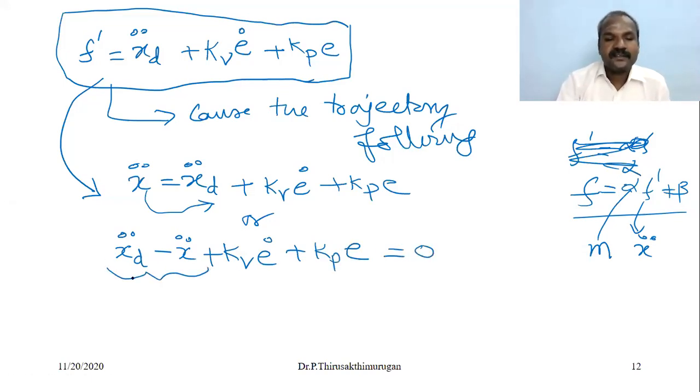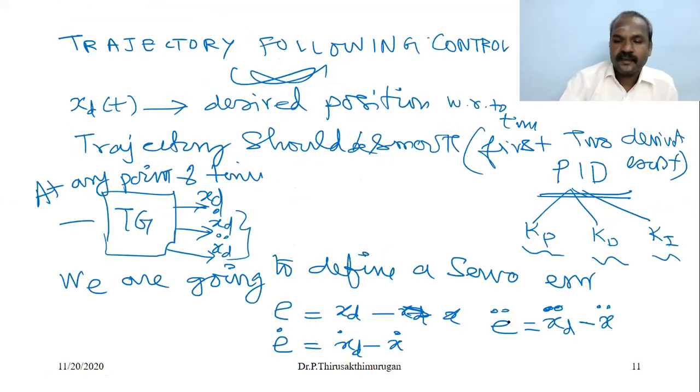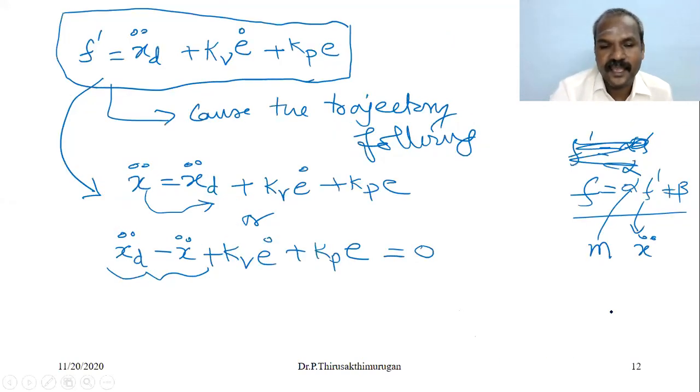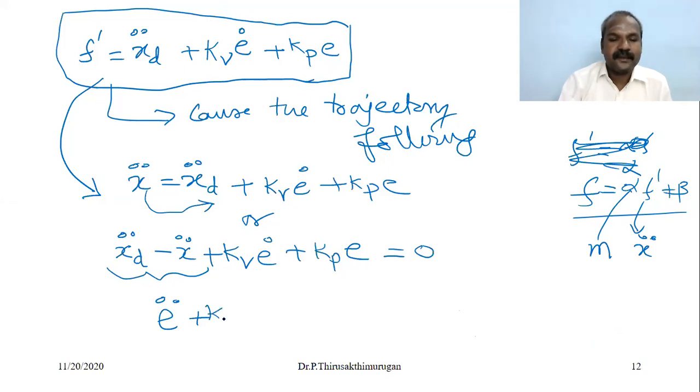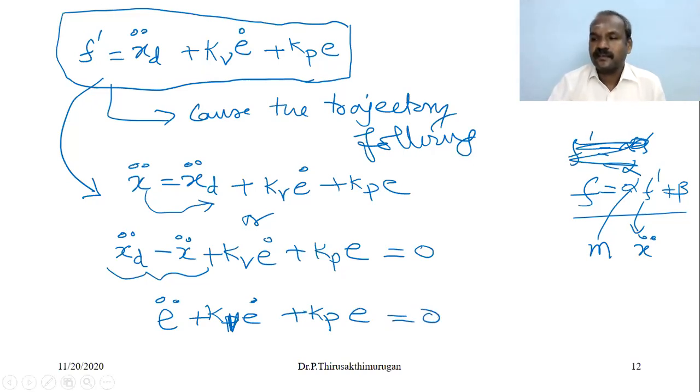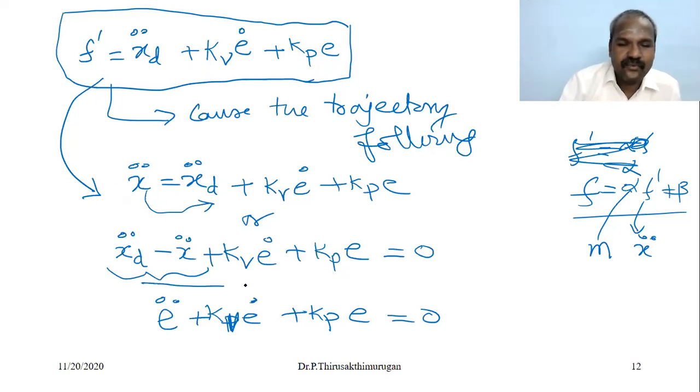Now tell me, what is xd double dot minus x double dot? This is the error trajectory, that is e double dot. So e double dot, the double derivative of the error, plus Kv times e dot plus Kp times e equal to 0. Understand? So this is the new control law for trajectory following.